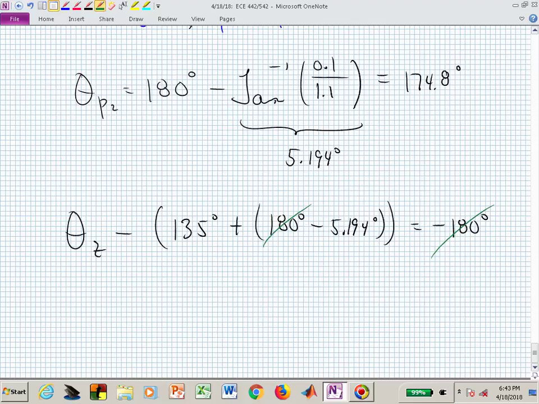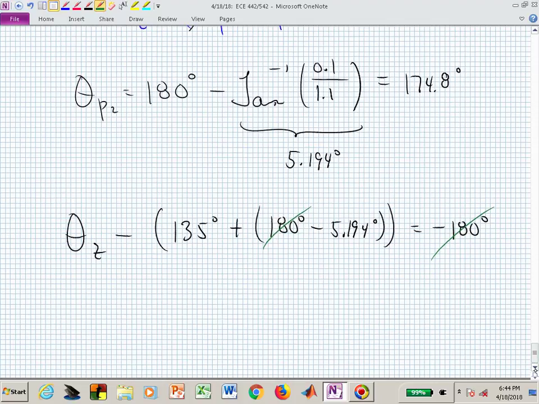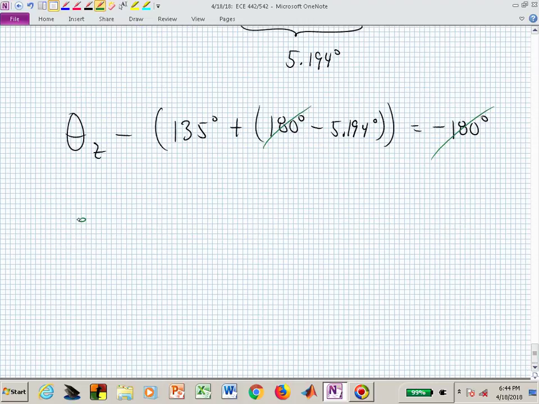And now I just have to look at this small difference between 135 and 5.194. So theta sub z is 129.8 degrees.